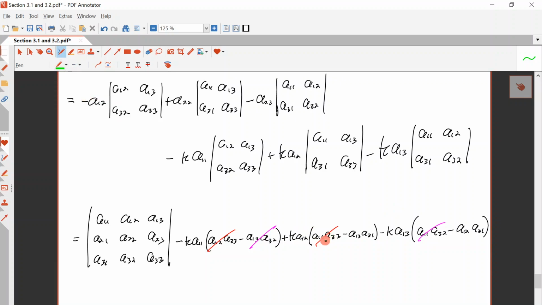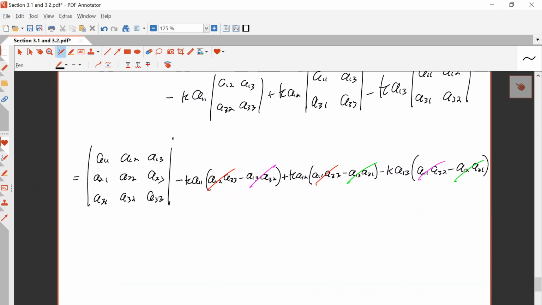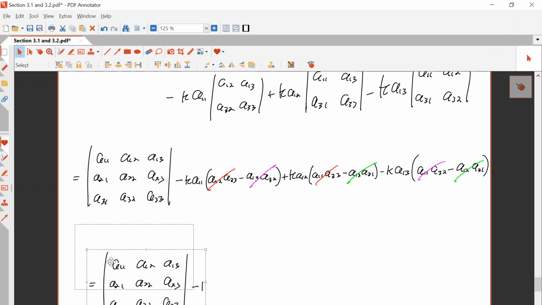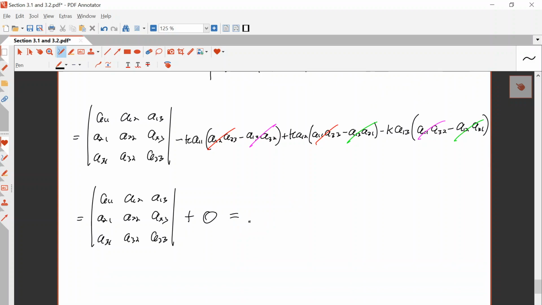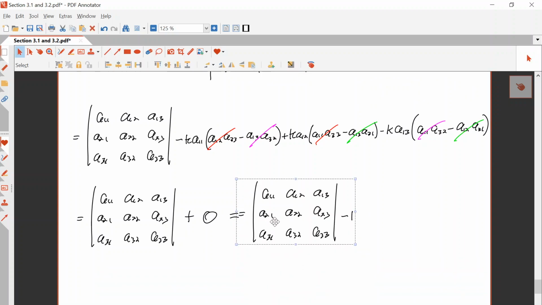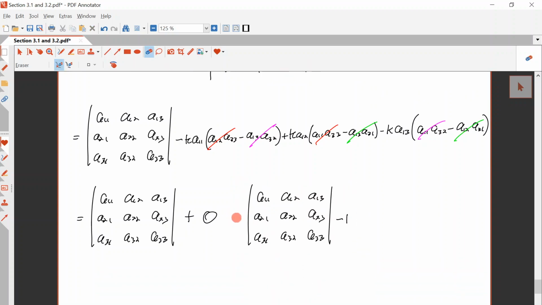So this cancels with that. So that whole thing is 0. So that's just equal to this 3 by 3 original determinant.